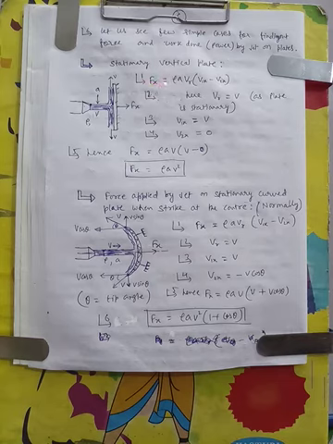x direction, so we need to take the mass strike rate, that is rho A Vr. Rho is the density of the fluid, A is the cross-section area of the jet, and Vr is the relative velocity of the jet with respect to the plate. V1x is the initial velocity of the jet when it strikes the plate, and V2x is the final velocity of the jet when leaving the plate.